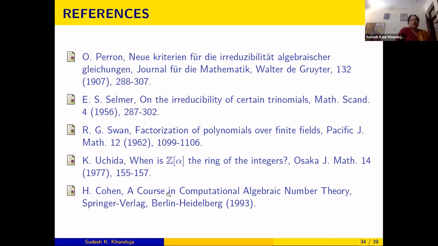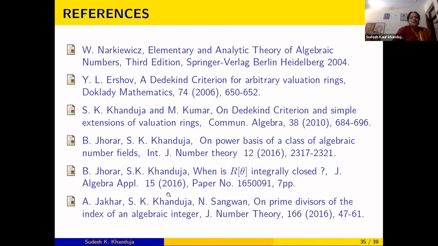Of course, now my student Anuj Jakhar and myself gave a very simple proof of Dedekind Criterion, and that too for arbitrary rings. So, of course, the Bible is always there, Narkiewicz's book, Elementary and Analytic Theory of Algebraic Numbers, and Ore's proof of Dedekind Criterion, and Munish Kumar's Dedekind Criterion, and he also proved some other very significant results.